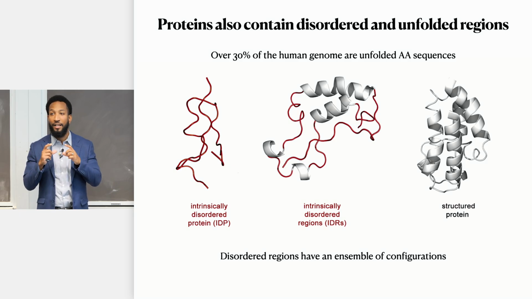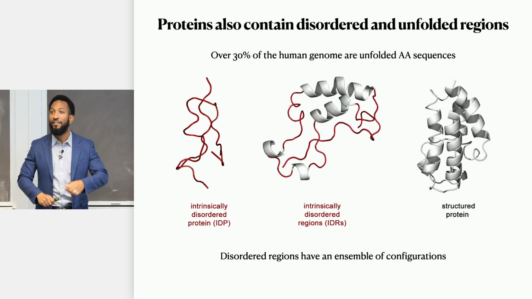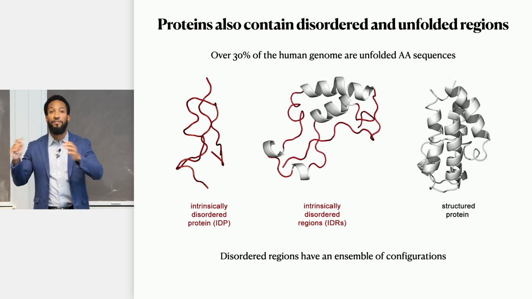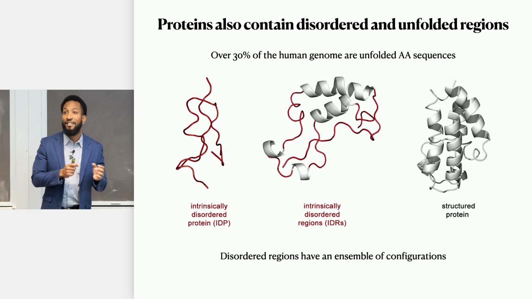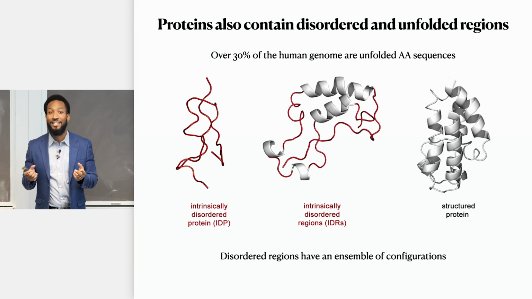If you were able to zoom into a protein in solution, these intrinsically disordered regions would be flapping all around, taking on a distribution of different configurations. So every time you tried to make a crystal, it would be in a different configuration, and it does not show up in X-ray crystallography.